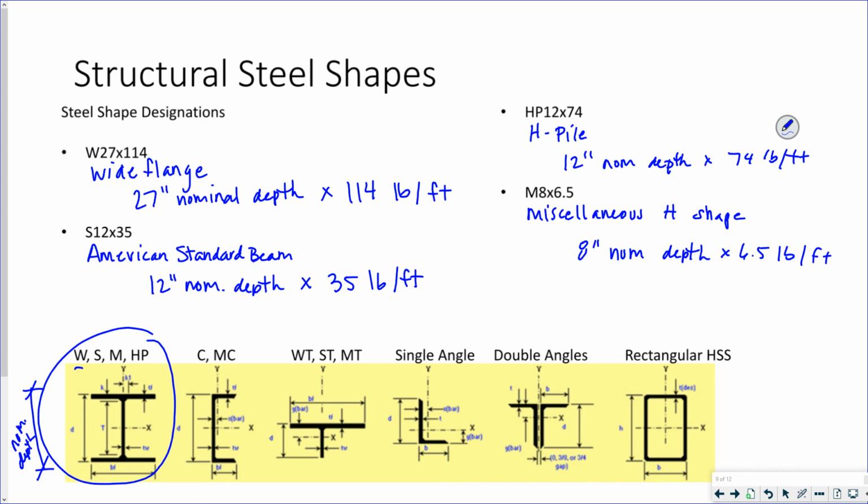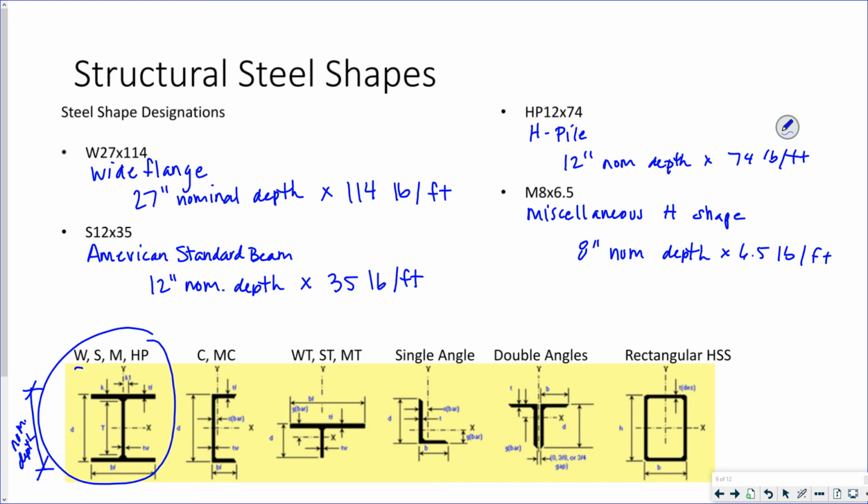Now, why do they have different weights per foot? If you have thicker flanges, if you have a thicker web, right, those will weigh more. More material, more weight. And steel is sold by its weight.